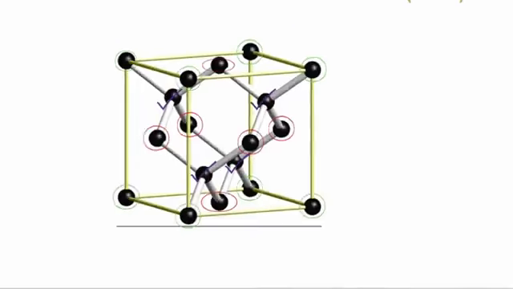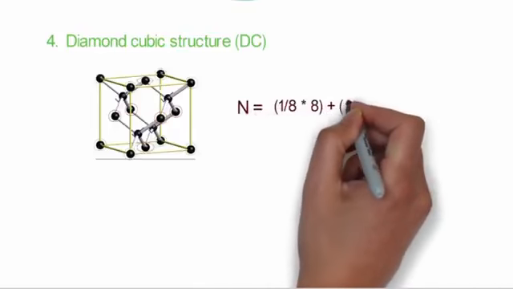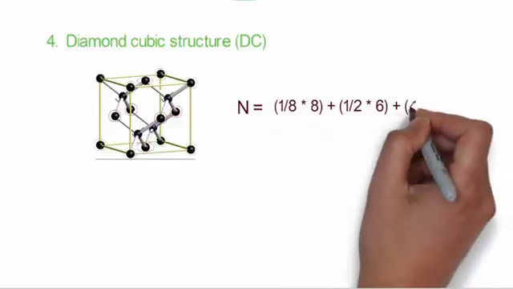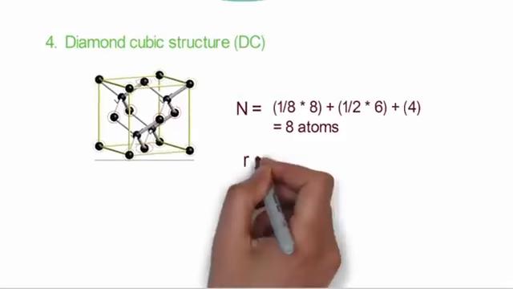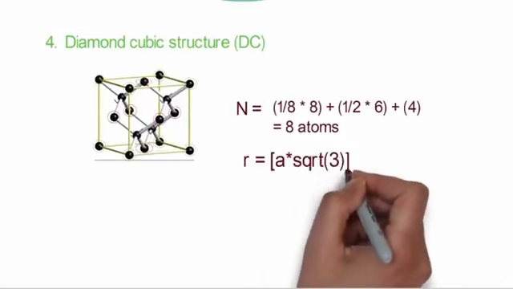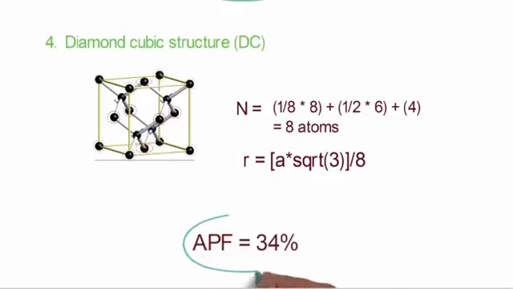Here effective number of atoms, that is n, equals 1 by 8 into 8 plus half into 6 plus 4 equals 8 atoms. The radius of the atoms, that is R, equals A root 3 by 8. So after doing all the maths, we get the atomic packing factor as 34%, which is the lowest packing efficiency among all 4 cubic systems.